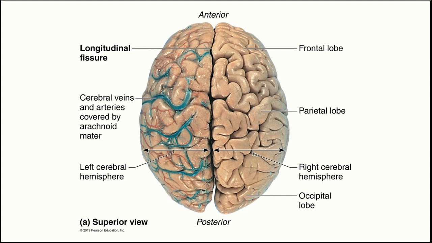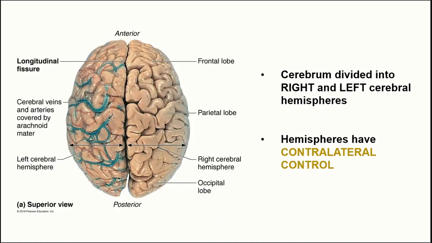So I did mention cerebral hemispheres before, and speaking of cerebral hemispheres, we see that because the cerebrum is divided at the mid-sagittal plane, as I mentioned, this gives the cerebrum a right half and a left half, and we call these the right cerebral hemisphere and the left cerebral hemisphere, respectively here. And it turns out that the cerebral hemispheres have what is called contralateral control over the body.